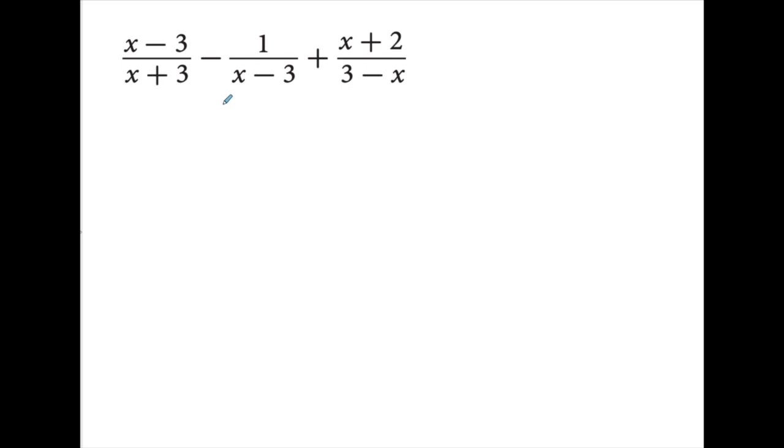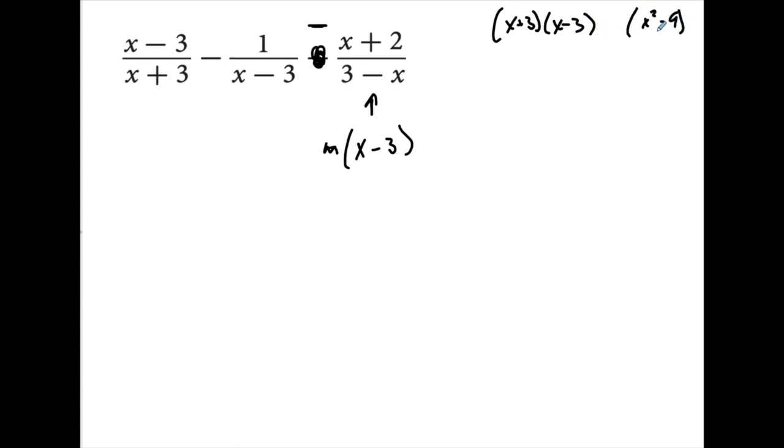Okay, folks, last one. I have x plus 3 and x minus 3, and I'm going to rewrite this one as negative x minus 3. I'm going to take out that negative to put the x first. So what we'll just do is convert this to a subtraction. And so what I need to do is my common denominator is x plus 3 times x minus 3, or in other words, x squared minus 9.